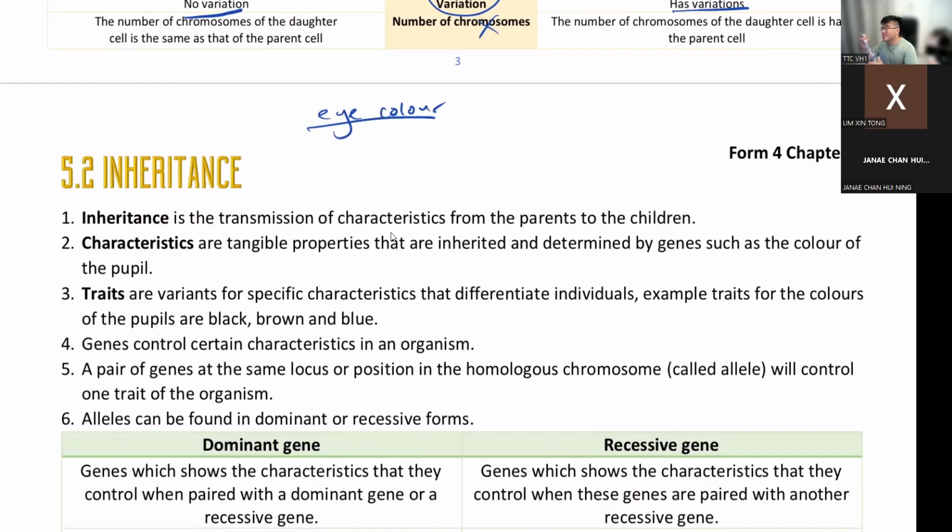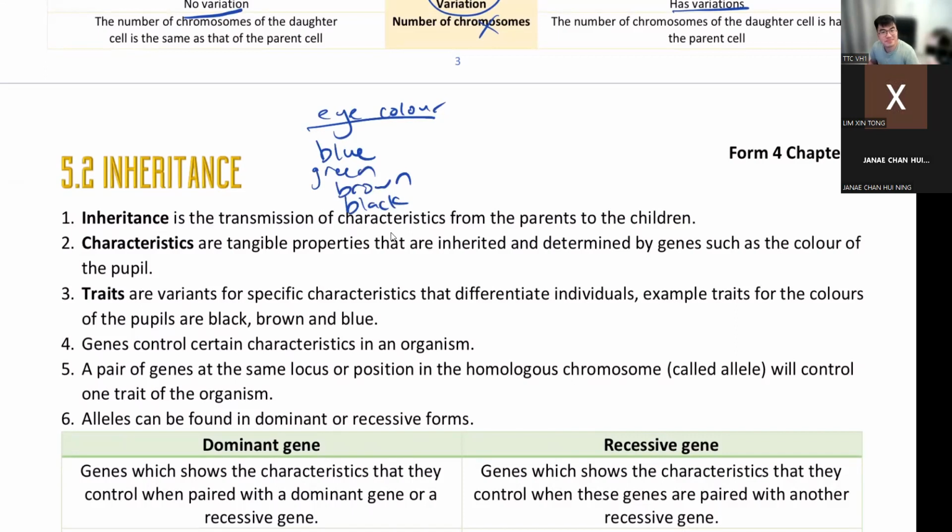Yeah, there are many, of course. Blue. What else? Green. Good. Brown. Black. Very good. So you have 4, right?